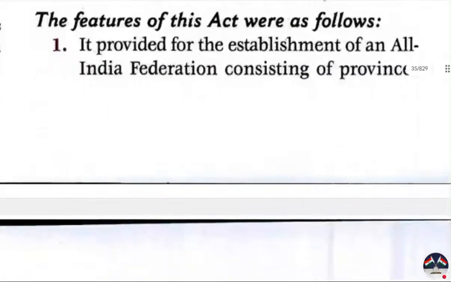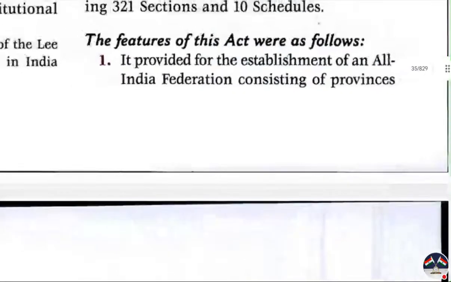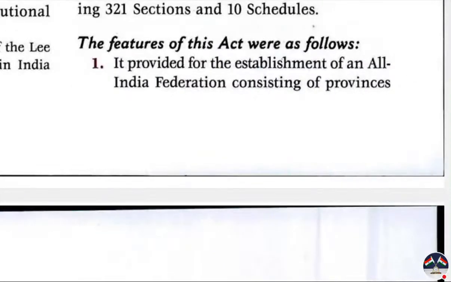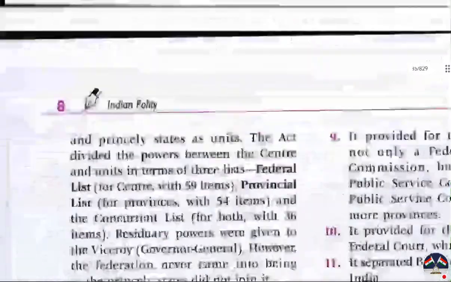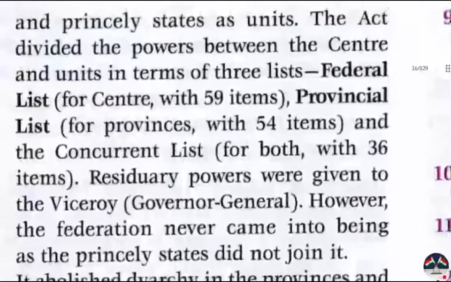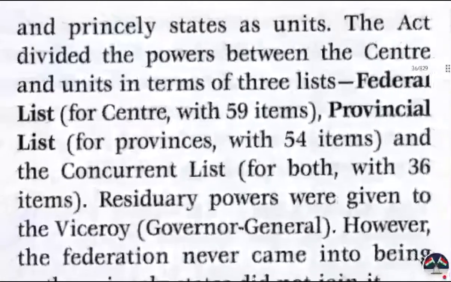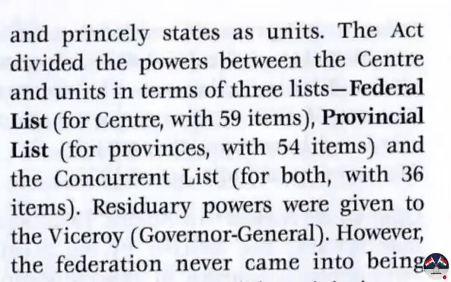The features of this act were: it provided for the establishment of an all India Federation consisting of provinces and princely states as units. The Act divided the powers between the centre and units in terms of three lists: federal list, provincial list, and concurrent list.